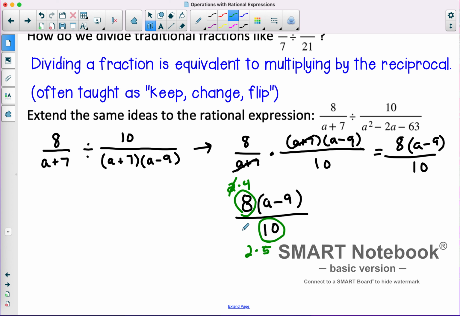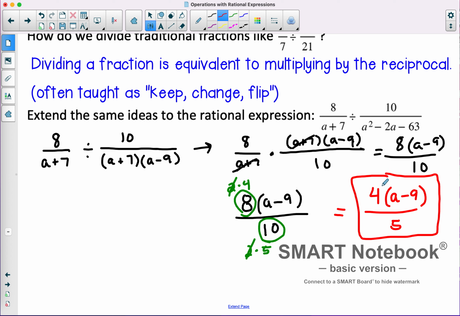The 2's would divide out and leave me with 4 over 5 here. So this rational expression would simplify to 4 times a minus 9 over 5. And if you wanted to distribute that numerator, you could.